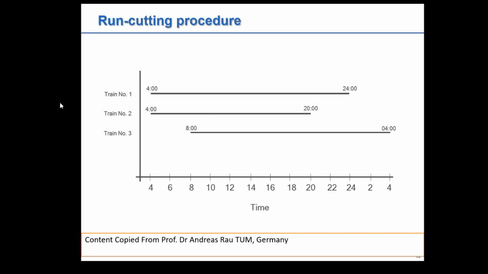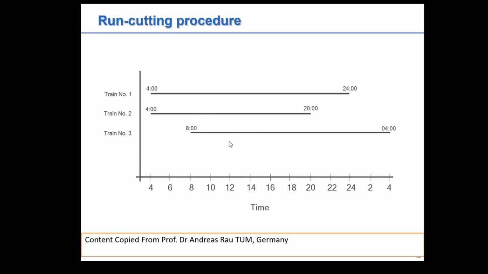As you can see here, if the same train starts at 4 and finishes exactly at 24, or at 12 p.m. in the night, then train 2 will start at 4 and finish at 8, and similarly at 8 and then 04.